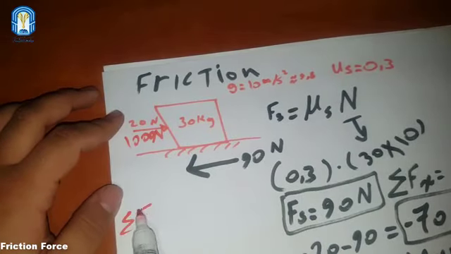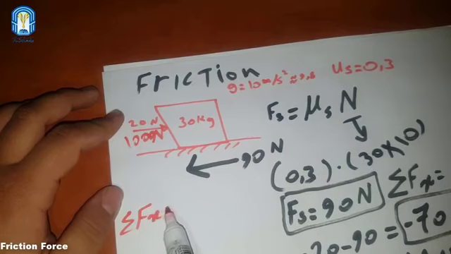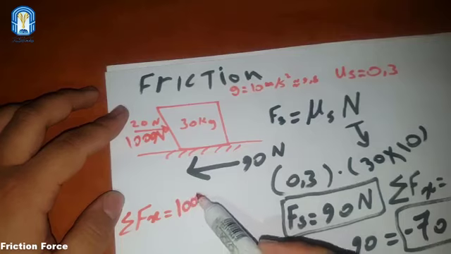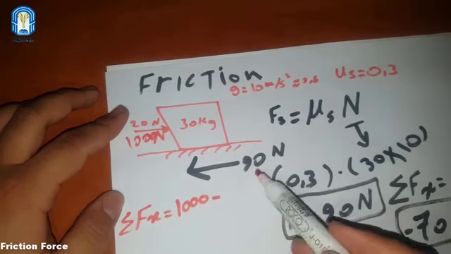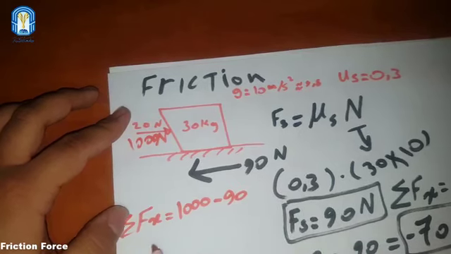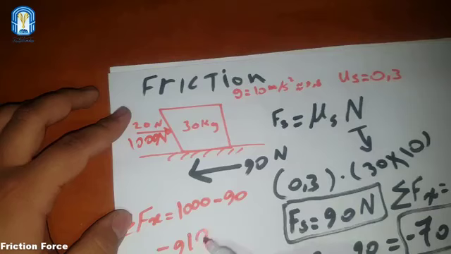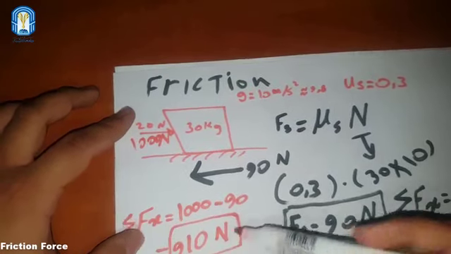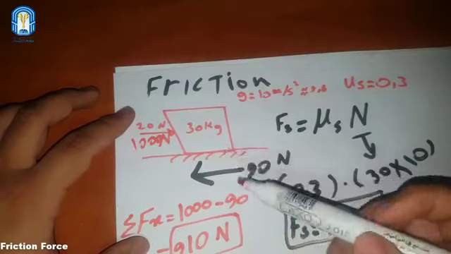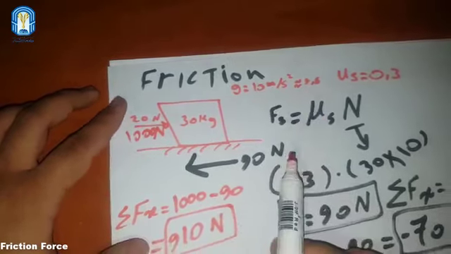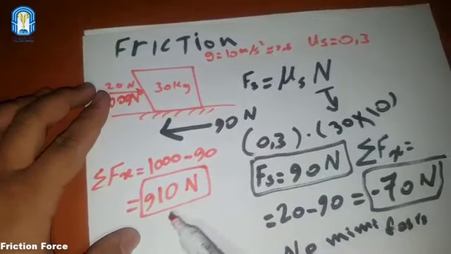Summation Fx equals 1000 minus 90 equals 910 Newton. In this case, the box will move, and this is the minimum force to move this box.